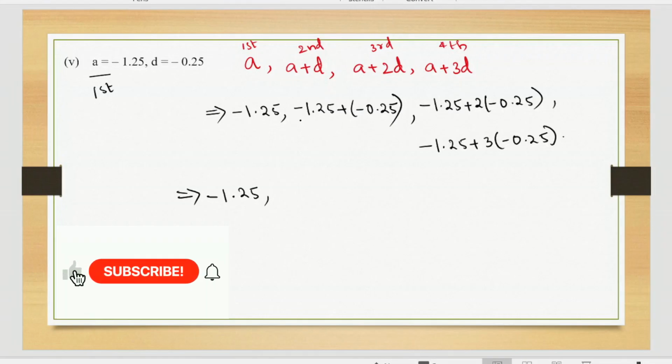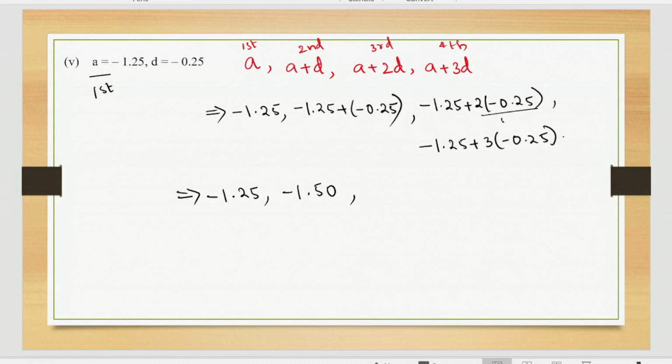So the second term is -1.25 plus into minus is -0.25, so you will get -1.50. The third term: -1.25 plus of minus is minus 2 into 0.25, which is 0.50. So this will become -1.25 minus 0.50, which becomes -1.75.